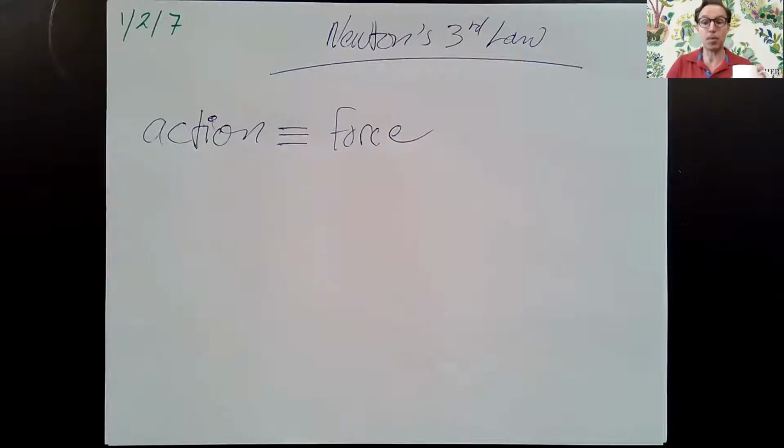Most people can say Newton's third law, even though they don't realize it, and after they say it, they still have no idea what it means. Newton's third law is, every action, you go, oh, I know, yeah, every action has an equal and opposite reaction.